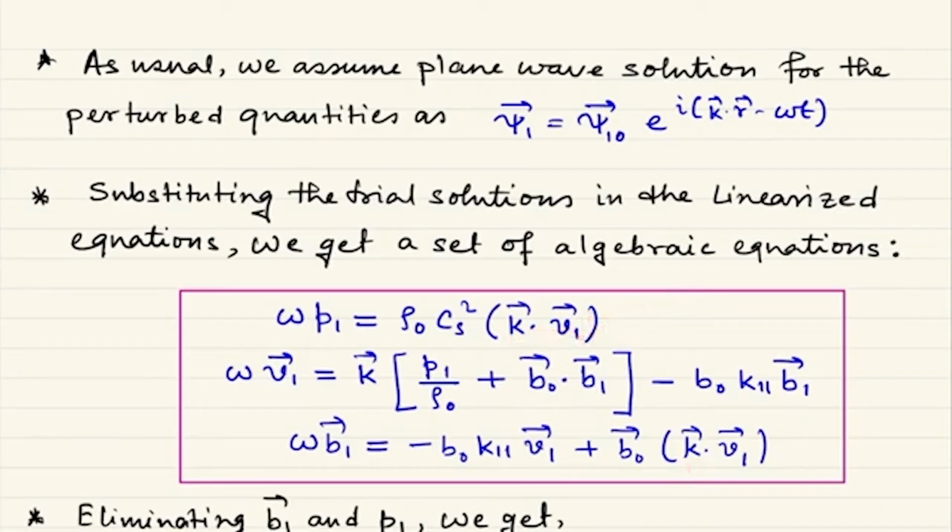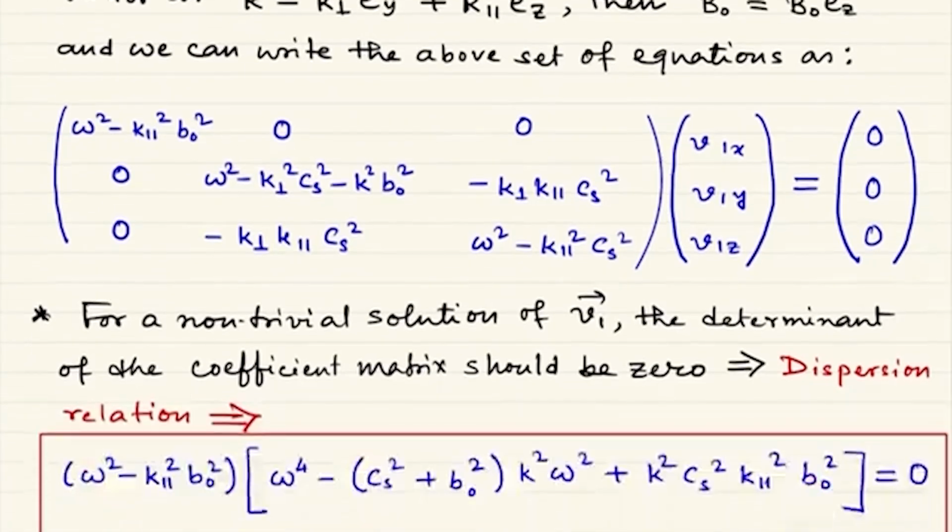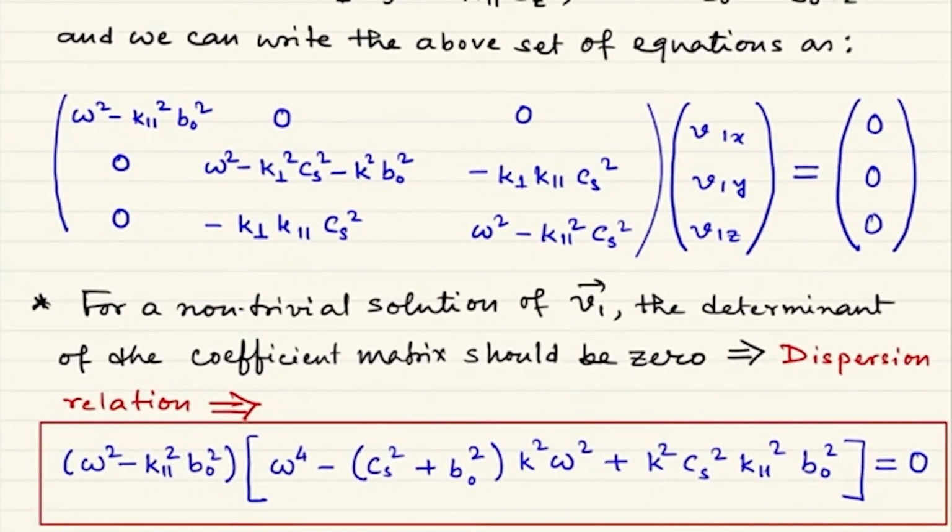This can be a bit tricky, so just try on your own and show it, and you will see that this is somehow very easy to show, that only one wave mode will then be retained, and that wave mode should have a dispersion relation like this.